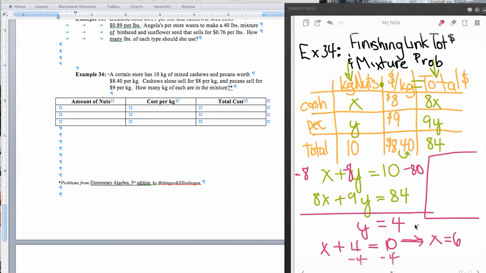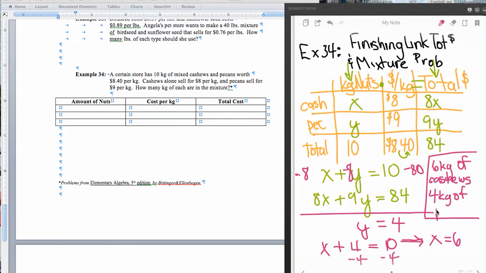We have our y value, which is our pecans, and our x value, which is cashews. So we have 6 kilograms of cashews, and we have 4 kilograms of pecans.